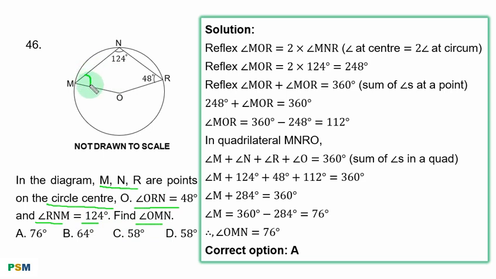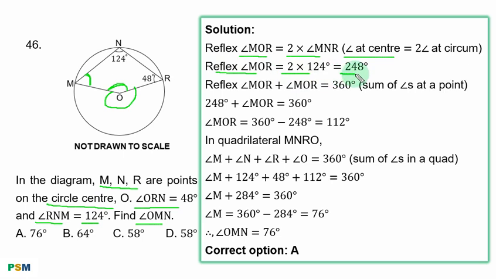Before this angle is needed, and to get this angle we need the reflex angle. So reflex angle MON is 2 times angle MNO. You have the reason.